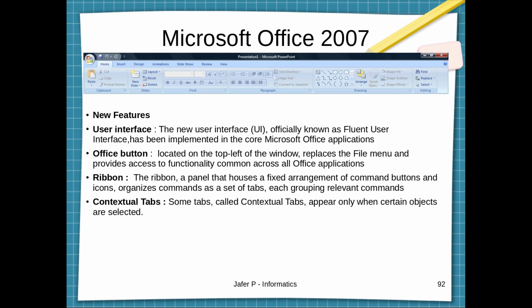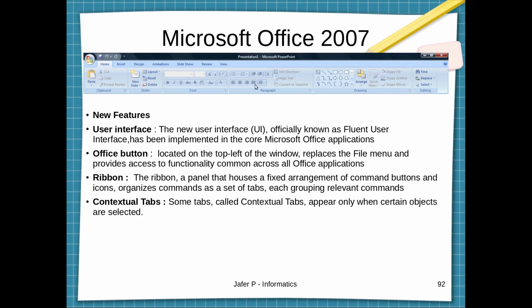Then contextual tabs. Some tabs called contextual tabs appear only when certain objects are selected. When you select certain objects, those tabs will be enabled. Such tabs are called contextual tabs. So for example, when you write something here in this area and select it, these paragraph options will be enabled, right?